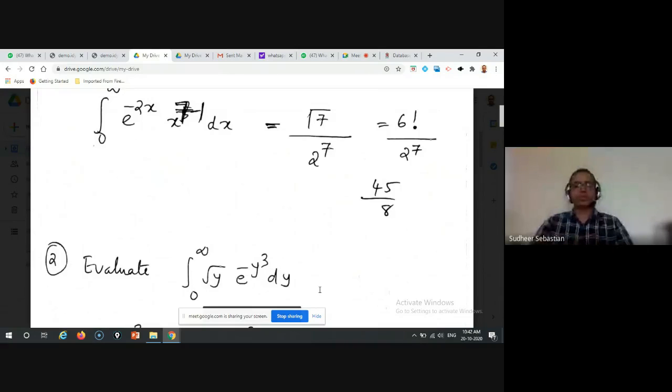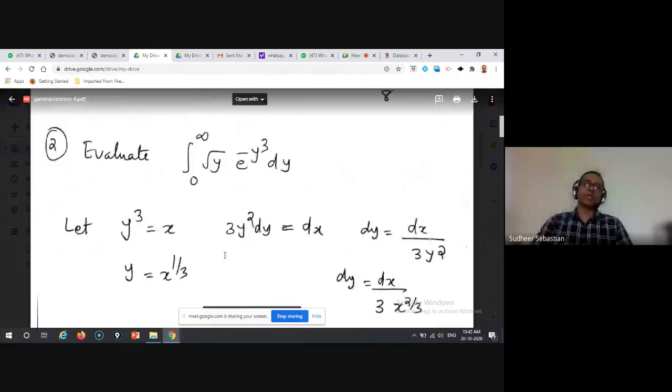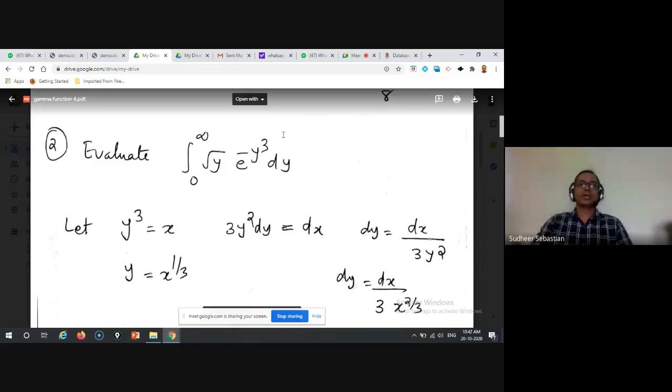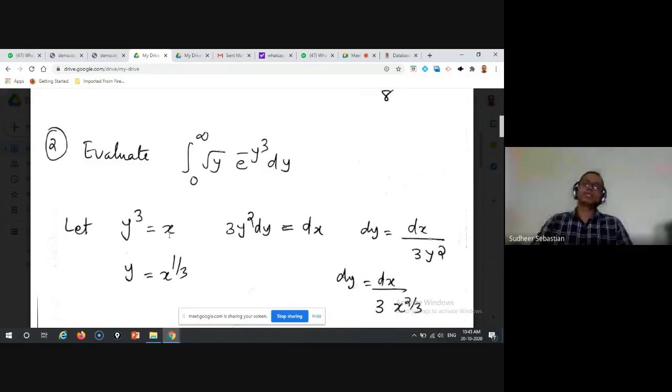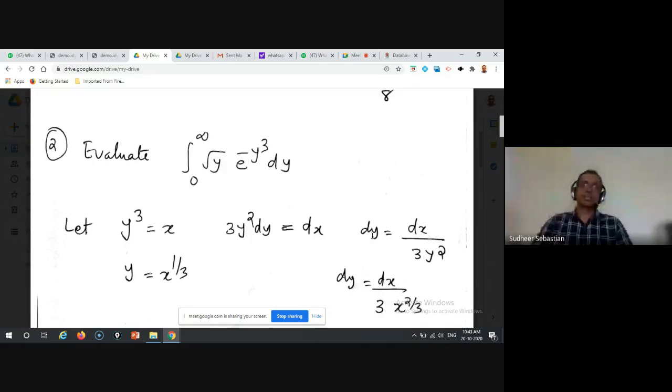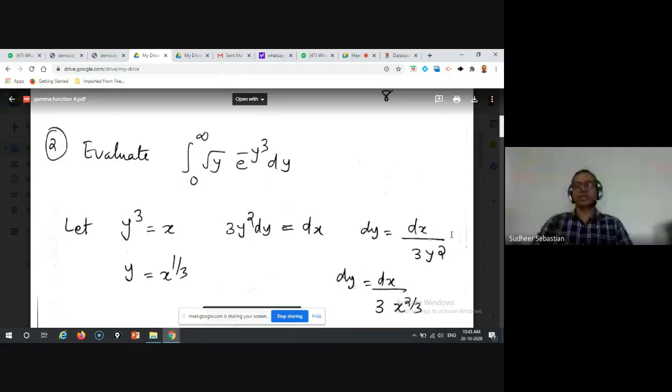Here we are introducing a new variable x, with y cube equal to x. So 3y square dy equals dx, and dy equals dx over 3y square.